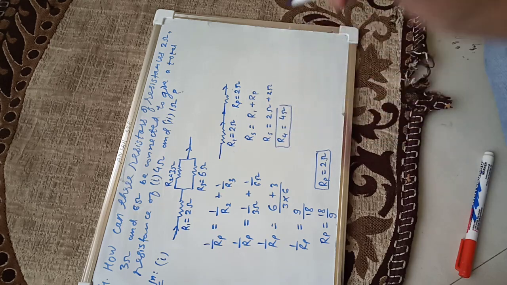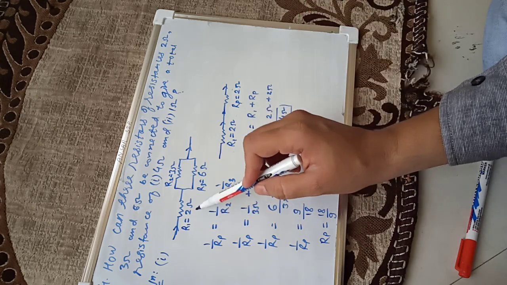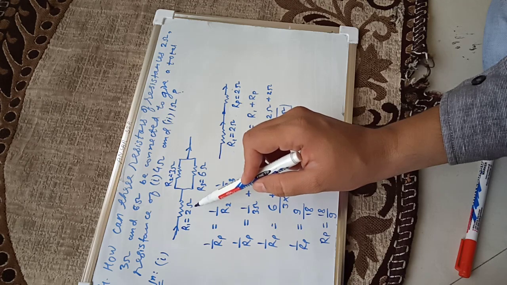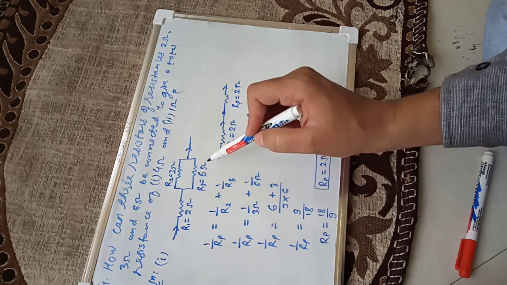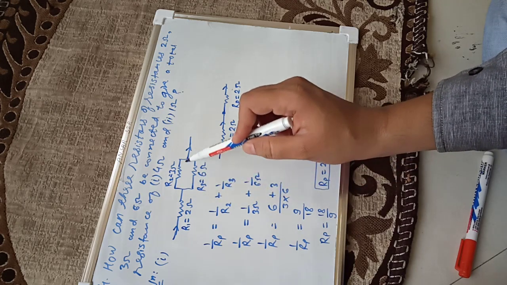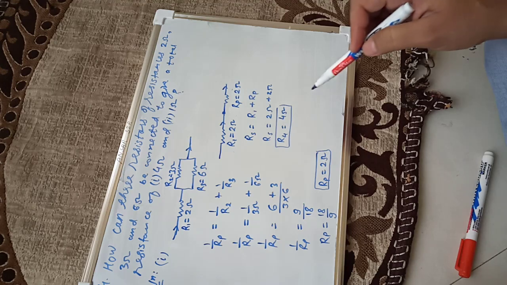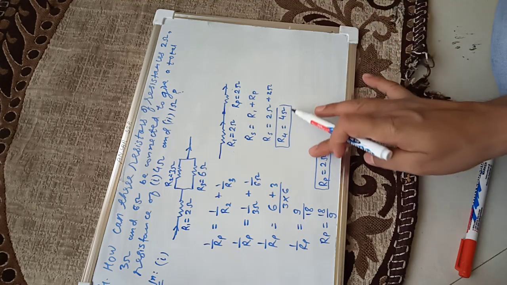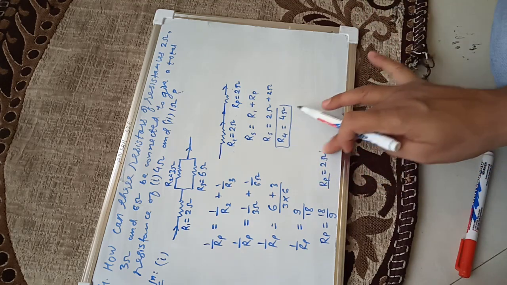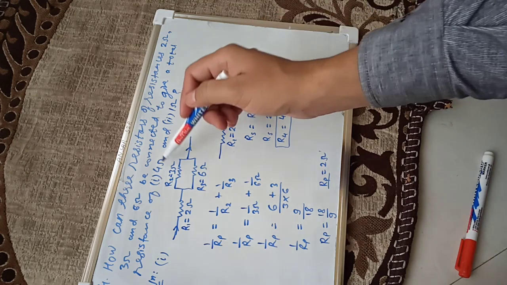This shows that if we connect this R1 2 ohm resistance singly and R2 and R3 3 ohm and 6 ohm in parallel, and these two parallel are connected in series with 2 ohm resistance, we will get 4 ohm resistance. Understood? So this was the solution of the first part.